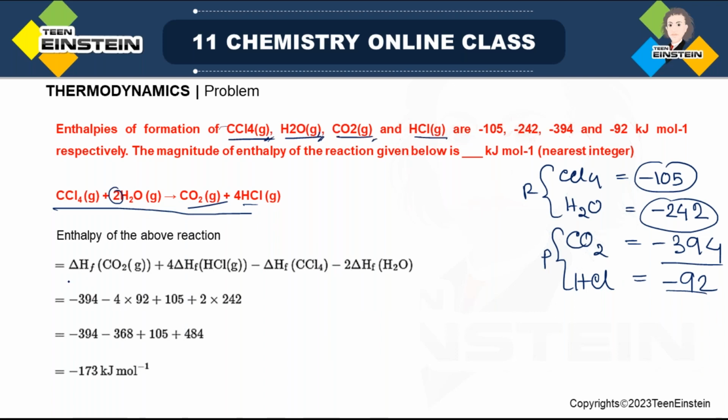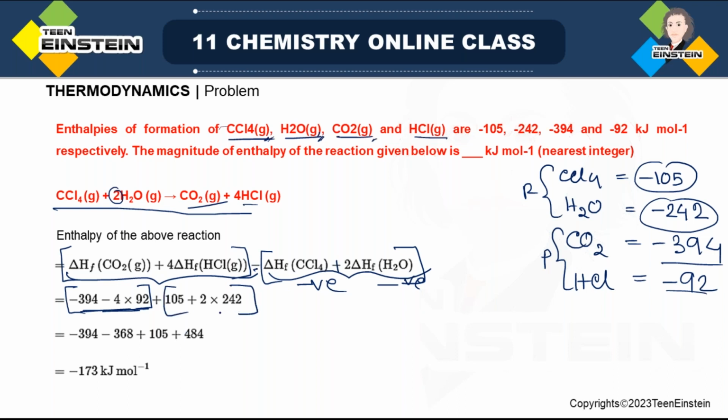So the enthalpy for this reaction: this part we are getting from the product side and this part from the reactant side. If you take a bracket here, you can put a positive sign here. The negative will cancel because for CCl4 the value is negative and there is a negative sign, so ultimately it will be positive.